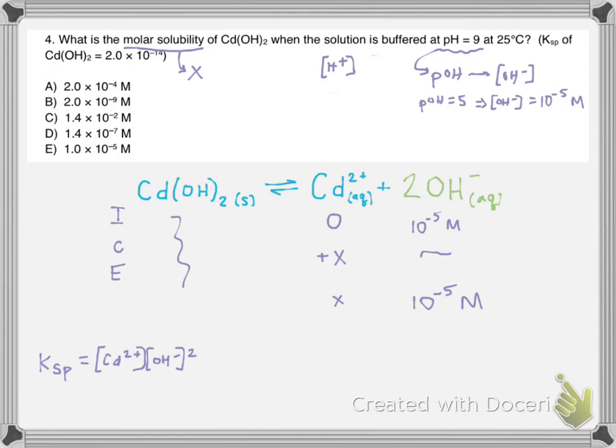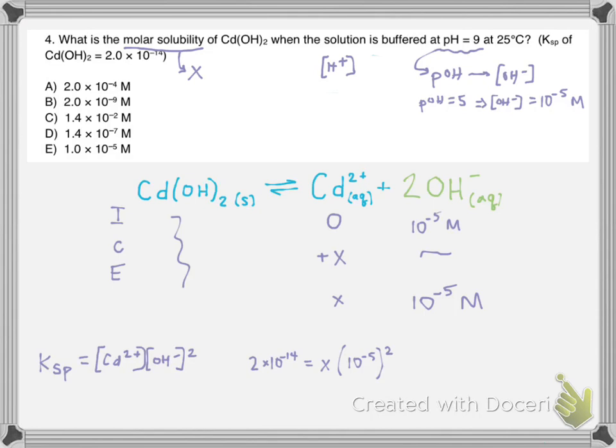And so we can go ahead and take our KSP of 2 times 10 to the negative 14 and set this equal to x from the cadmium times 10 to the minus 5 squared for the hydroxide.